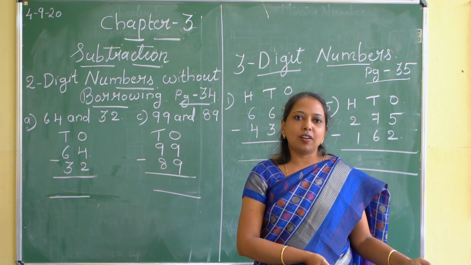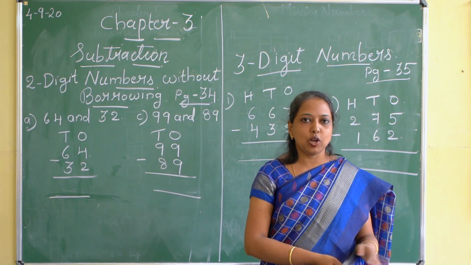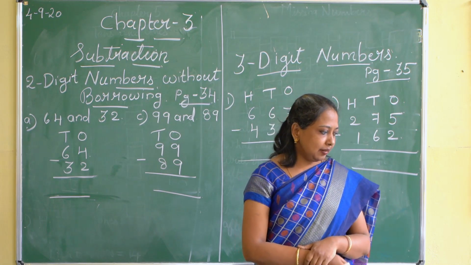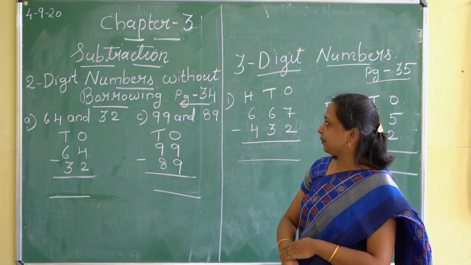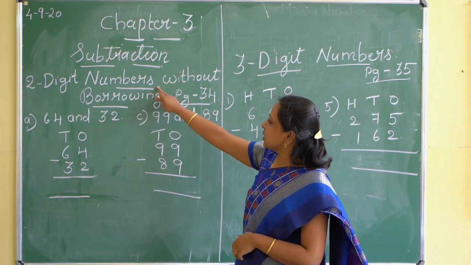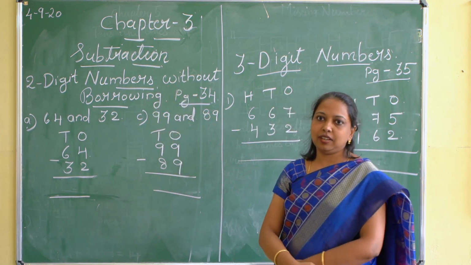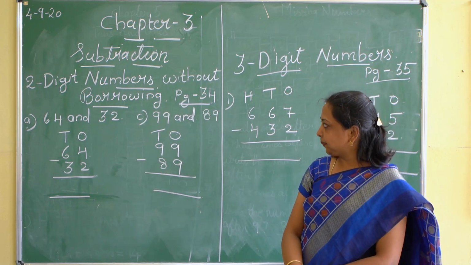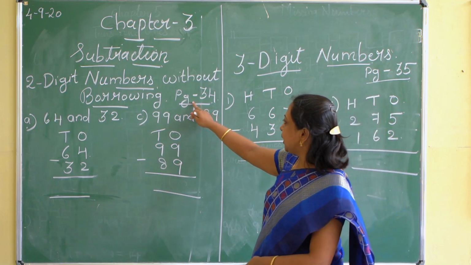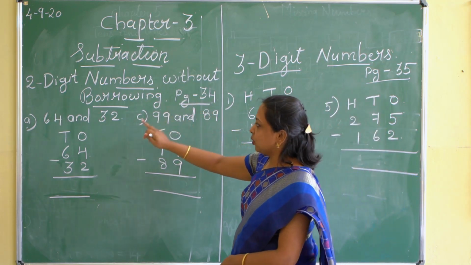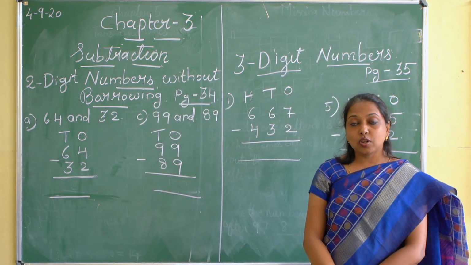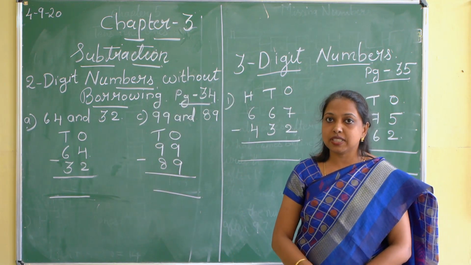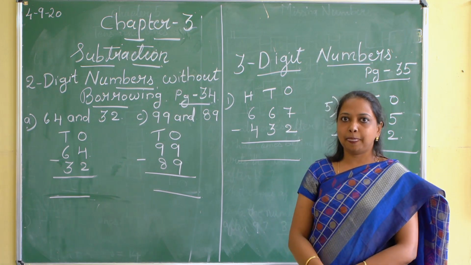So let us solve some exercises from your book. First of all, we will start with 2-digit numbers without borrowing. On page number 34, I will solve questions A and C. Before solving subtraction, always remember 3 points.